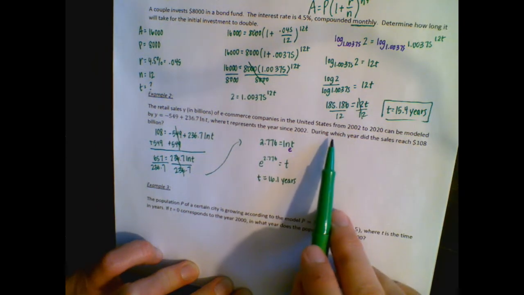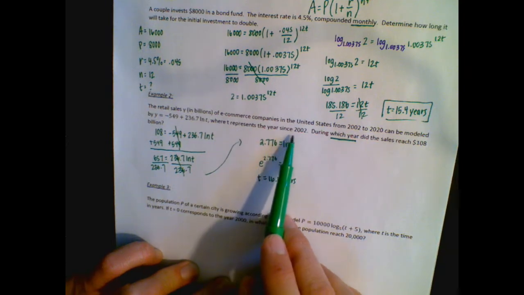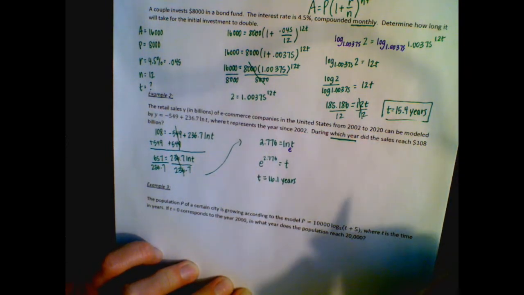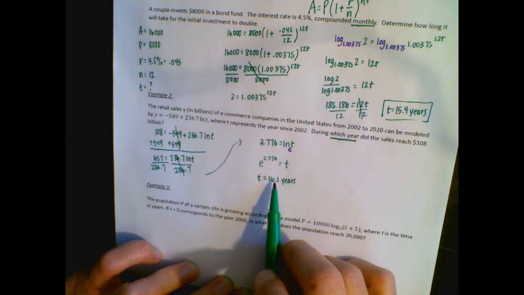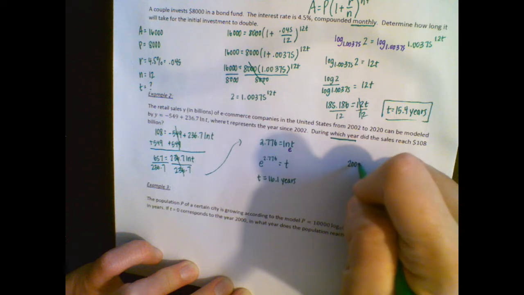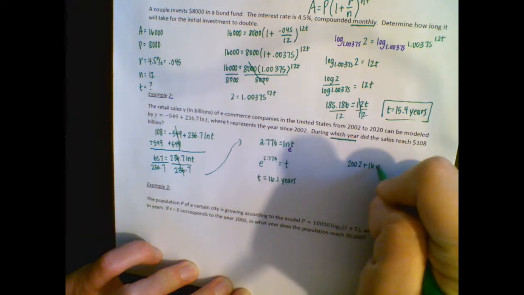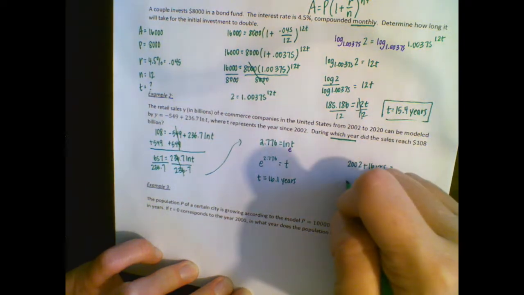It's asking during which year, which is where we need to use this T is representing the year since 2002. So if I'm saying that my T is starting in 2002 and I'm going 16.1 years later, that means that 2002 plus 16 years leaves me with the year 2018.